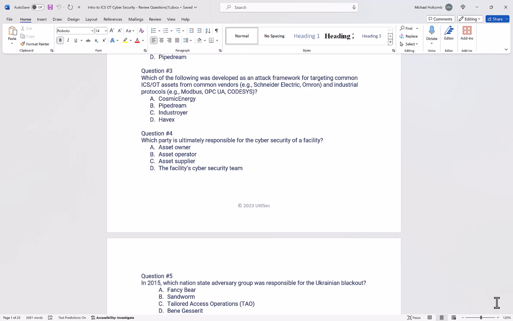They don't have a person they could dedicate to cybersecurity in OT, let alone cybersecurity in general. They might not even have a person for IT. They're that small. They just don't have those resources. So question 4: it's the asset owners that are responsible ultimately for cybersecurity.